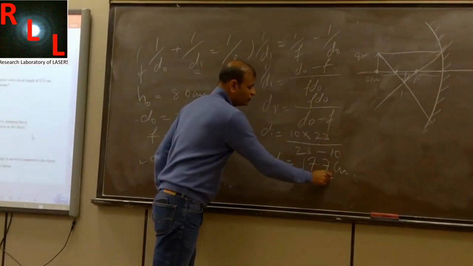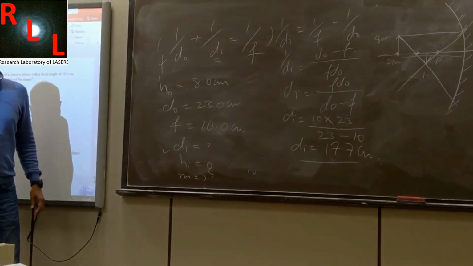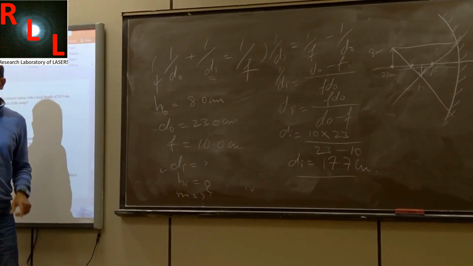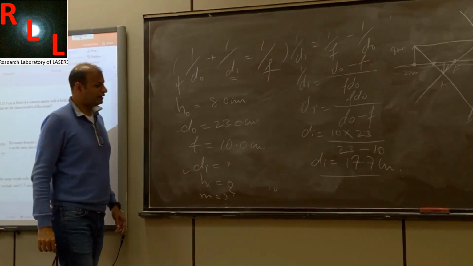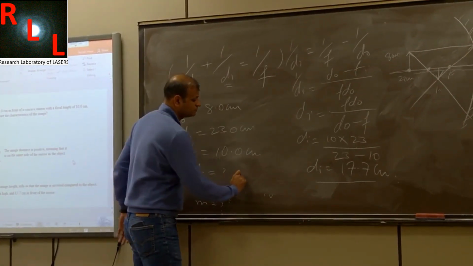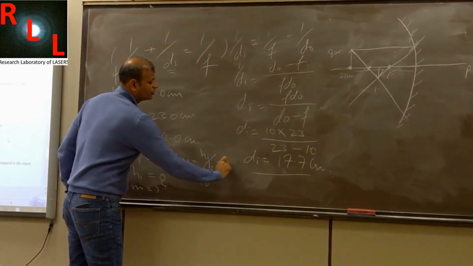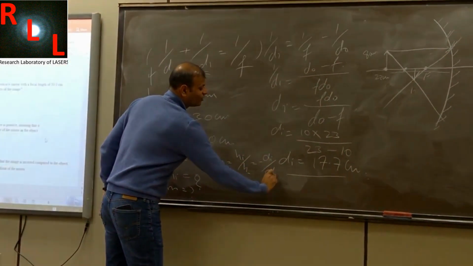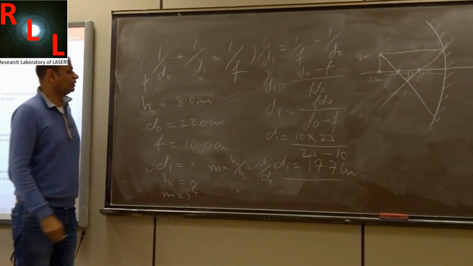Okay, so first thing we found here, di. And what else do we need to find out? hi. We need to find out m. How can we find m? By hi over h naught is equal to minus di over d naught.